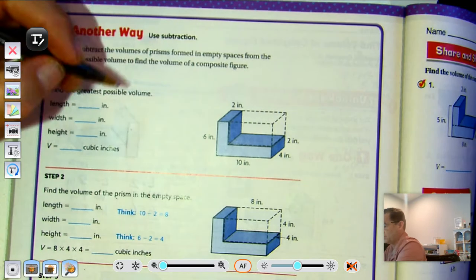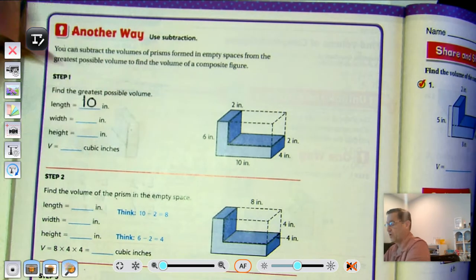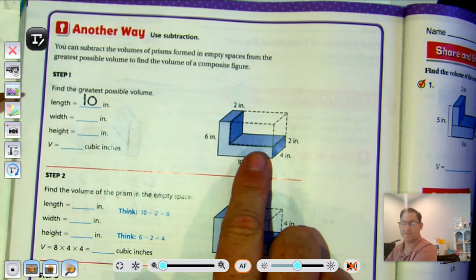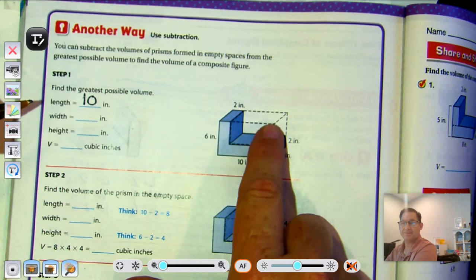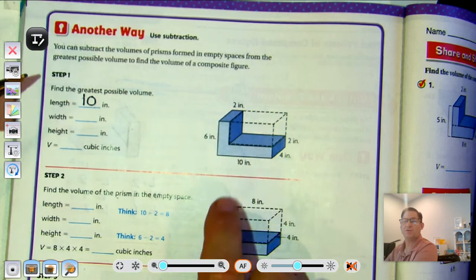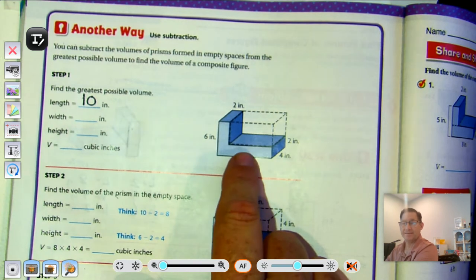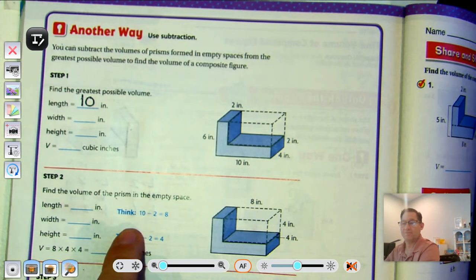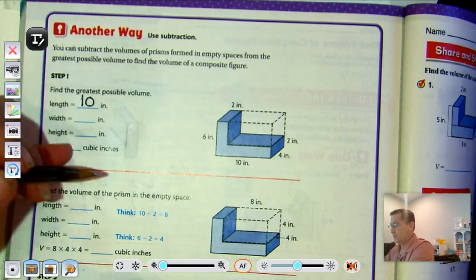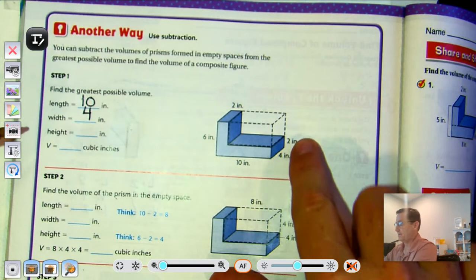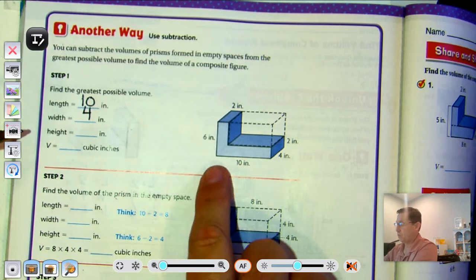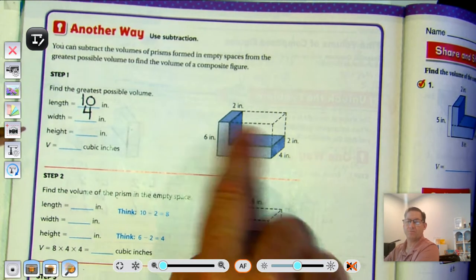So the greatest possible volume of this rectangular prism, if it was totally filled, you see the outline of the missing space? We're imagining it being totally full, not missing. And the width would be 4. And the height, not 2. We want to know what it would be if it was complete.